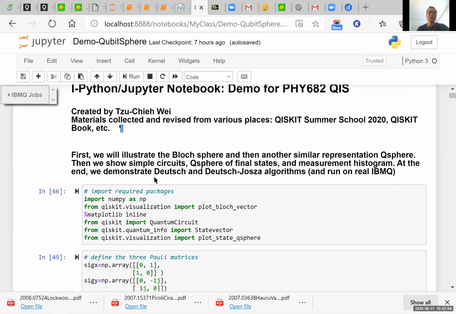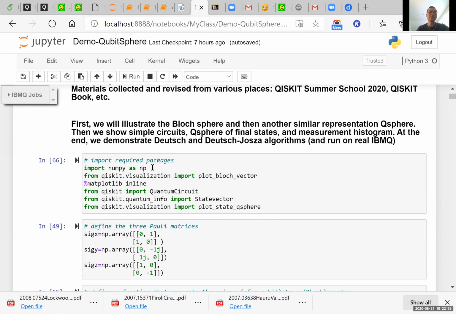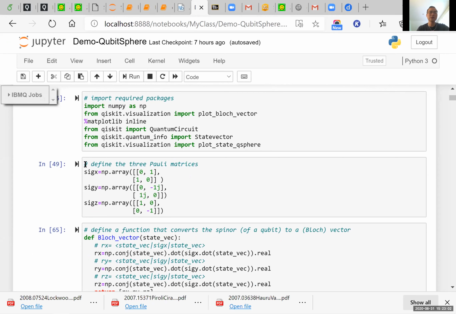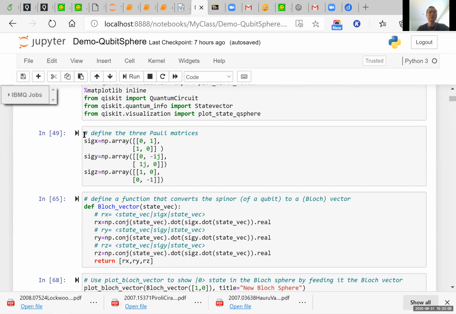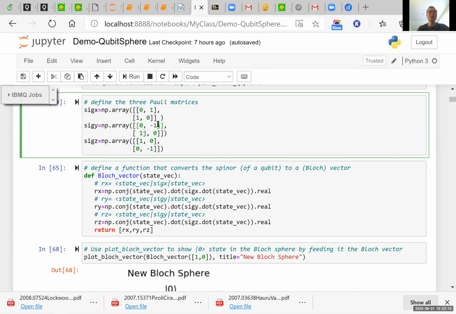So it has some detail, but you need to load required packages. So doesn't matter that much at the moment. So I just want to illustrate that I define the 3 Pauli matrices. You should recognize these 3 matrices. The I here in Python, you have to write 1J.